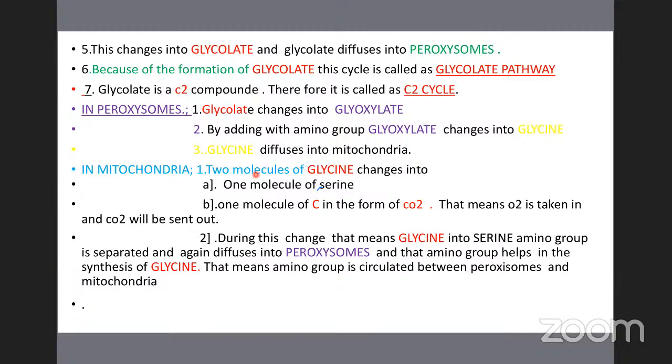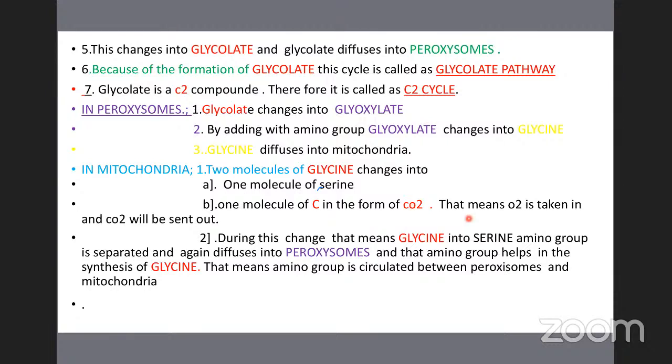So 2 molecules of glycine split into 2 different molecules: 1 molecule of serine, and another 1-carbon molecule, which was separated from glycine, comes out in the form of CO2.